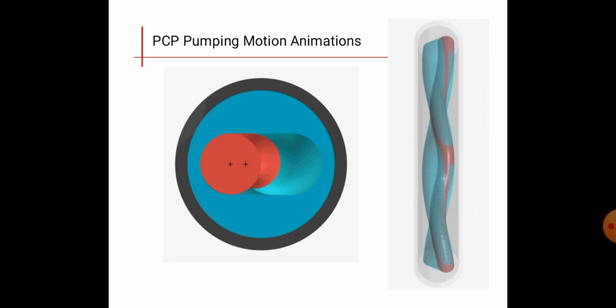So eccentric motion takes place, and during the motion the fluid is trapped in the cavities between the rotor and stator, and the pressure is generated during the motion, which acts as a driving force for the movement of fluid in forward direction or positive direction in the positive displacement pump.